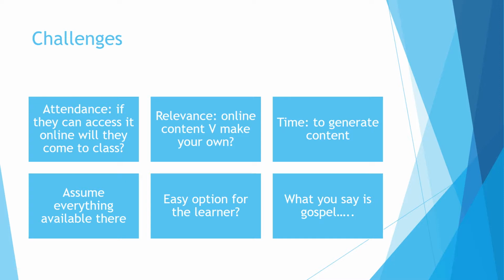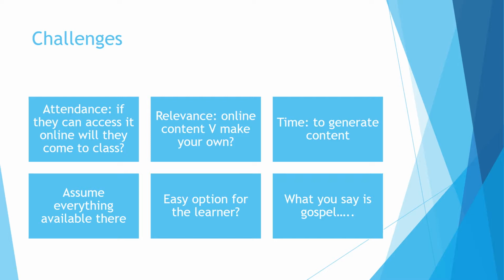So I suppose making it so that there is enough information that if they cannot come in for a valid reason, they will be able to keep up with the class, but at the same token that they're not going to stop coming into class, is one of the main challenges, I find. The relevance is very important, to make sure your online content is relevant.